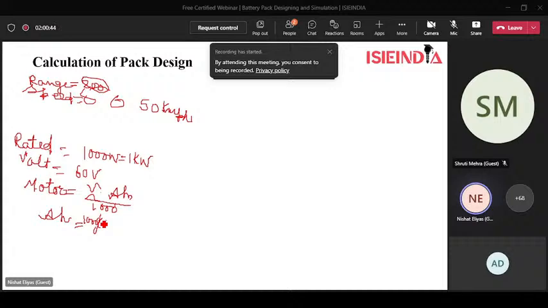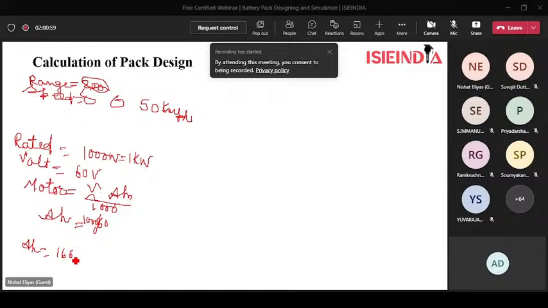From here we can calculate that our AH, the capacity which will be required, will be 16.6 ampere hour.